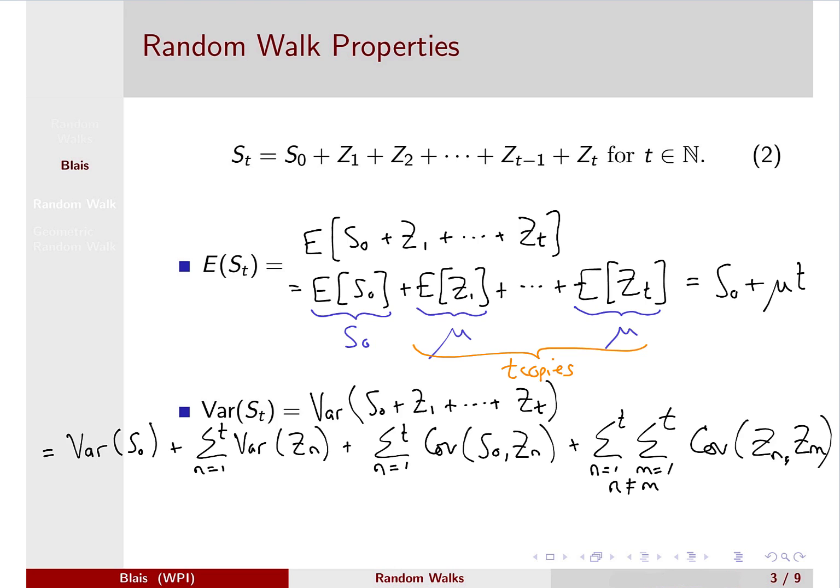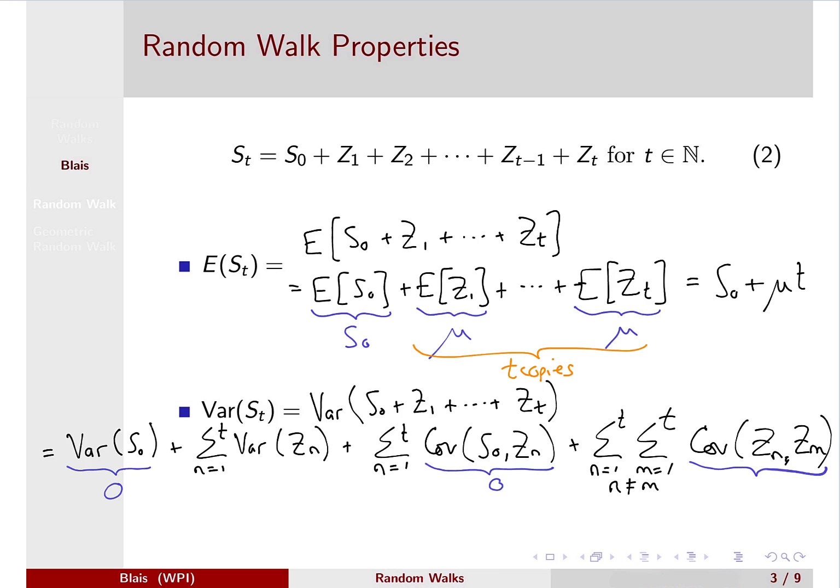We now note that because S naught is a constant, its variance is 0. Also, its covariance with all of the Zn's is 0 because it's a constant. That is something you can check fairly quickly from the definition of covariance.